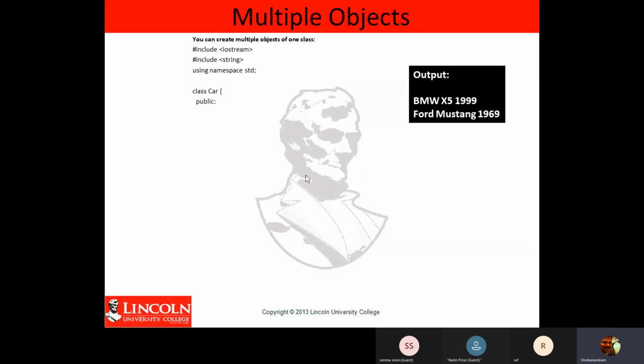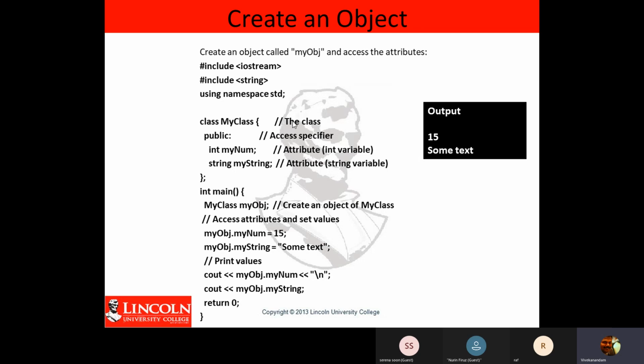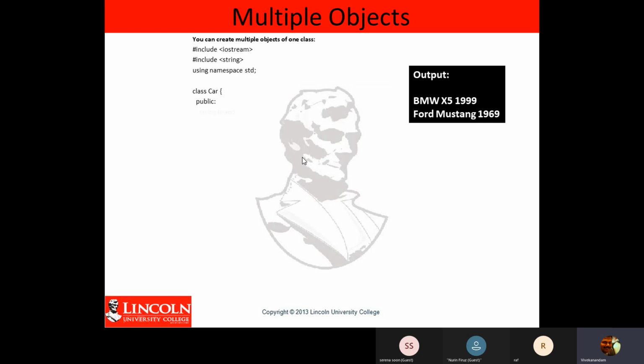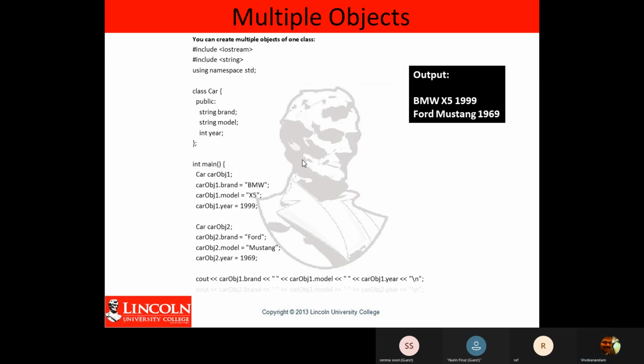See, multiple objects. Here we created only one object. If you want to create multiple objects, see in this program the class name is car. I'm using public, which is my access specifier.